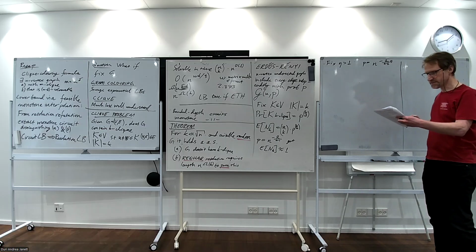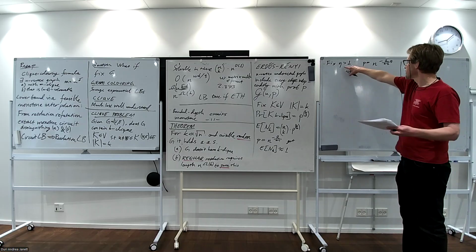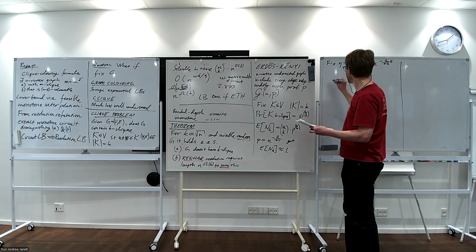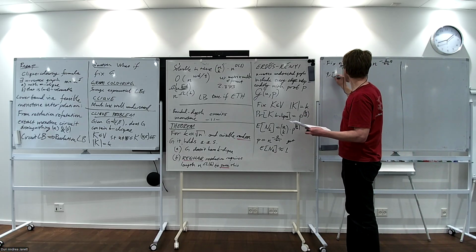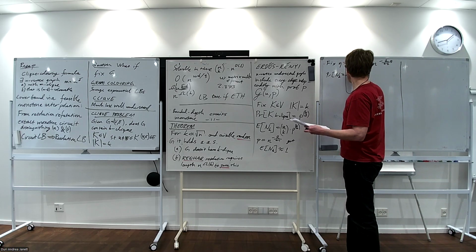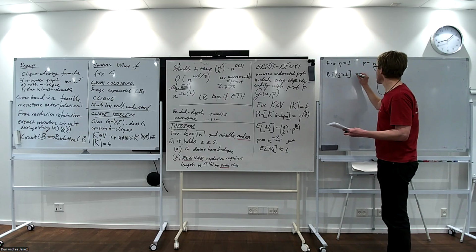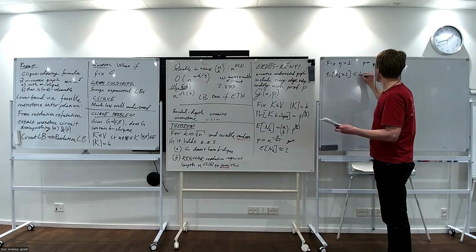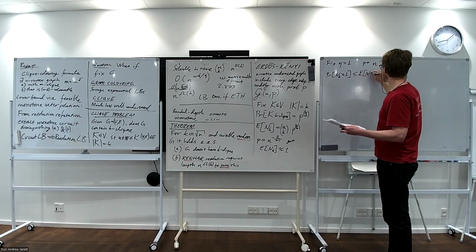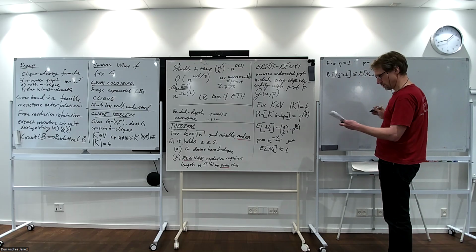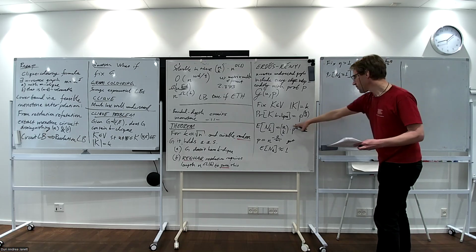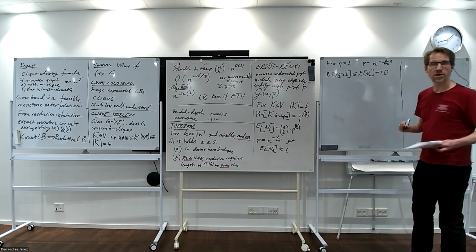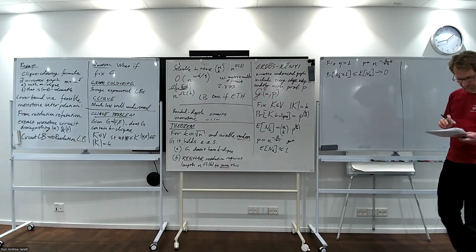The point is that if I fix such an eta, then the probability that the graph contains a k-clique, the probability that the number of cliques is larger than 1, is by Markov's inequality smaller than the expectation of this variable, which by the math over here goes to 0 when n goes to infinity.